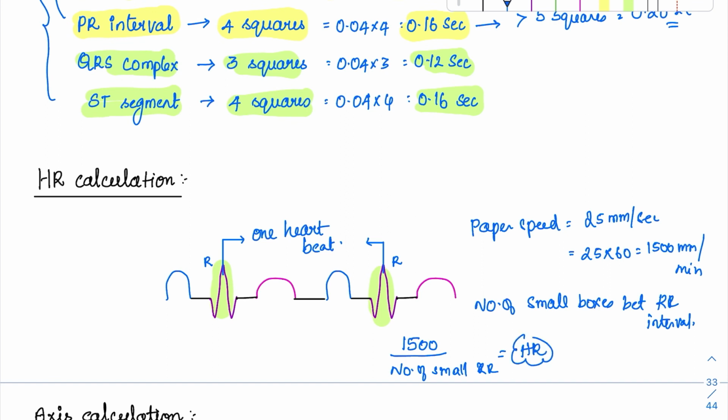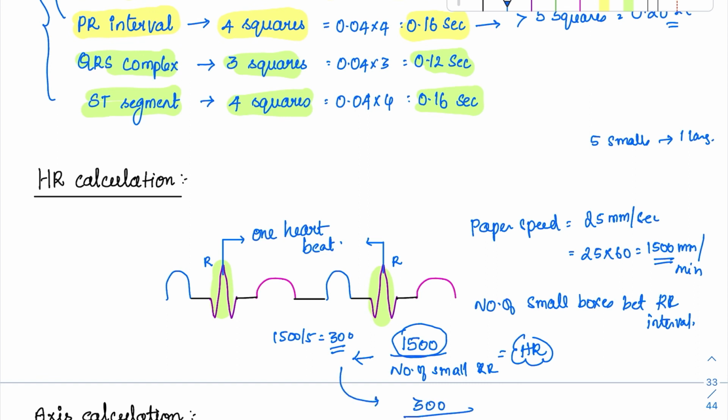Now we can do it for the larger boxes also. How many large boxes would have traveled in 1 minute? 1500 is for the small boxes, and 5 small boxes make one large box. So 1500 divided by 5 is 300. So this 300 we'll take down here.